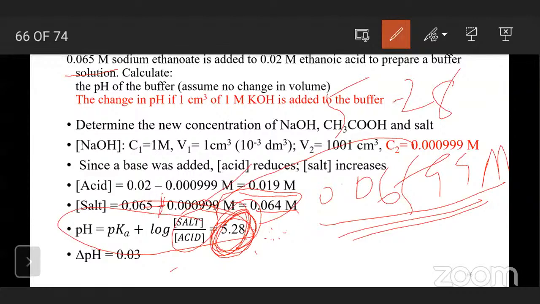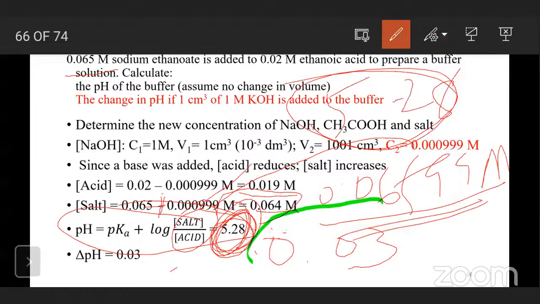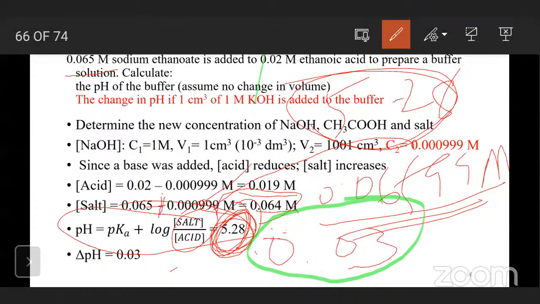If you subtract the original pH of the buffer from the new pH of the buffer, you will get a pH change of 0.03. We'll get 0.03 as the change in the pH that you have observed. I hope you have followed what we have tried to do up to this point.